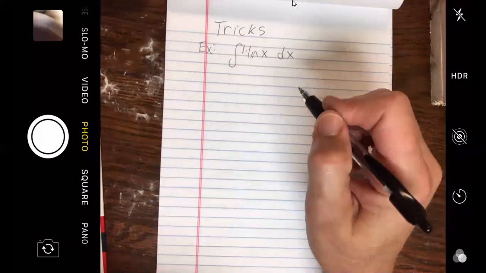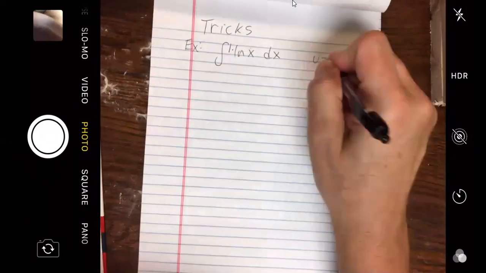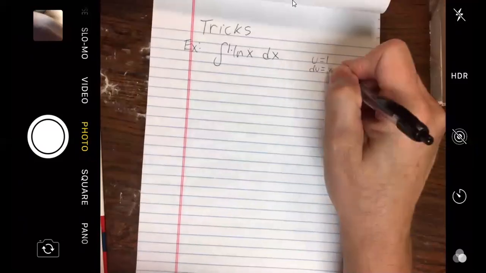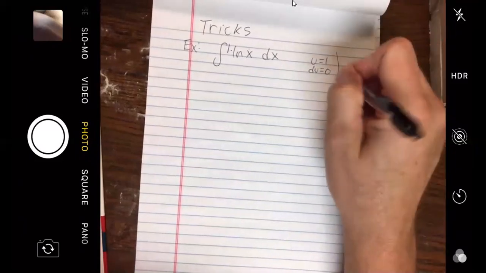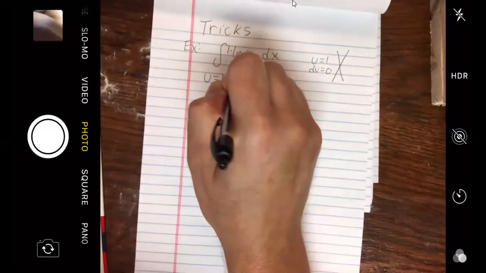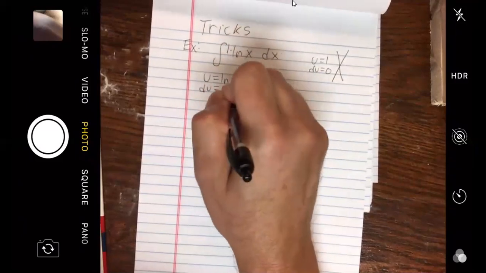This is going to be a 10% case. You don't want your u to be 1. What's your du? It would be 0, and you've killed your bottom row. So in this case you actually want your u to be the log, and your du, derivative of log, is 1 over x.